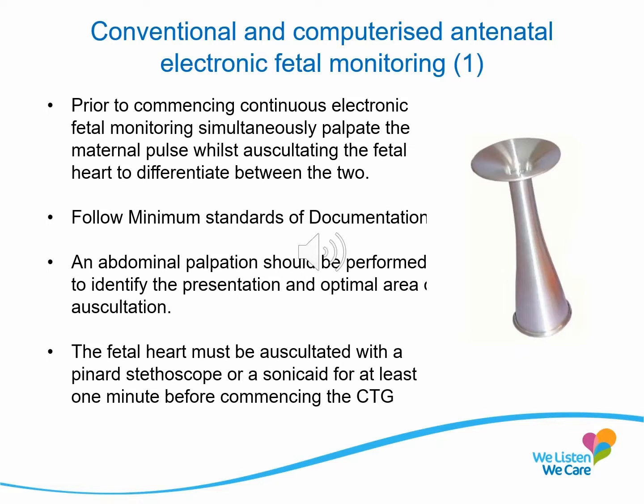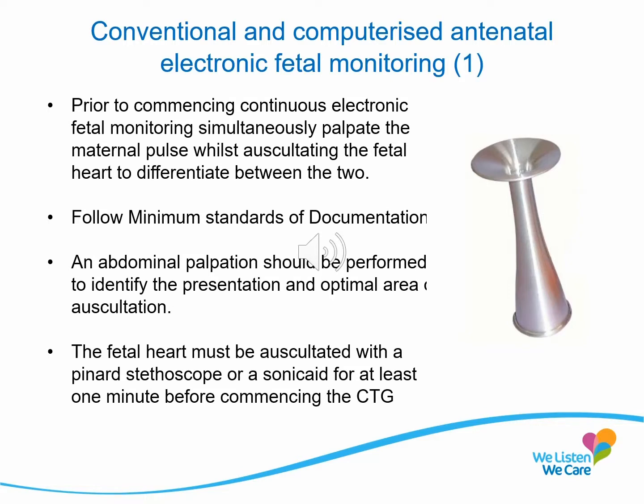So, antenatal fetal monitoring can be performed in a conventional way or using a computerized antenatal electronic fetal monitoring. Prior to commencing continuous electronic fetal monitoring, simultaneously palpate maternal pulse while auscultating the fetal heart to differentiate between the two. Follow minimum standards of documentation.